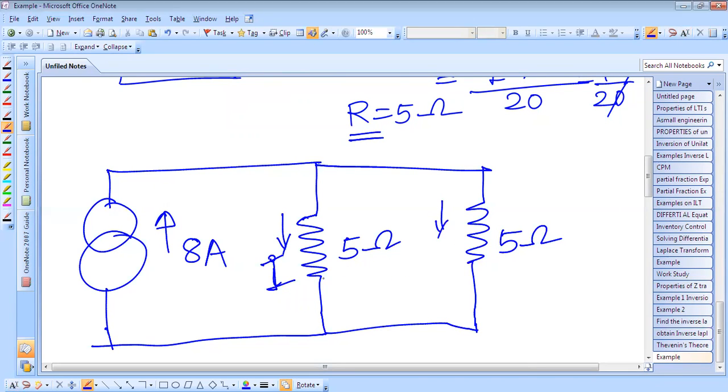Now we have got this. Now it is very simple to find the current flowing through this. You know these Norton's equivalent circuits.